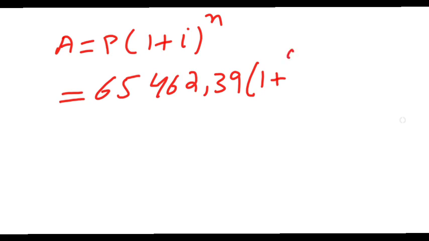We're using the same one, so it's 0.058, and quarterly, divided by 4. The power is going to be 1 because we need to work out only one quarter.